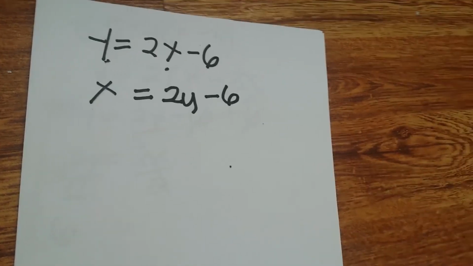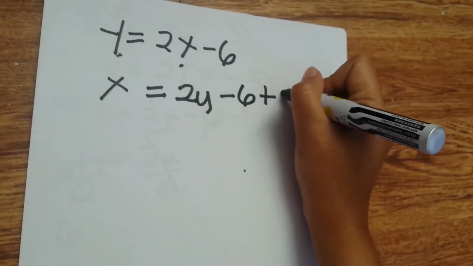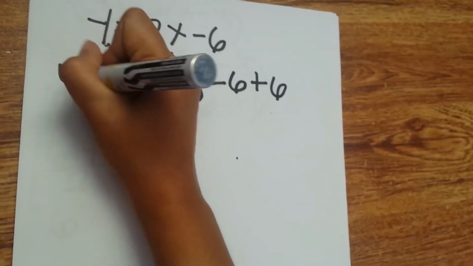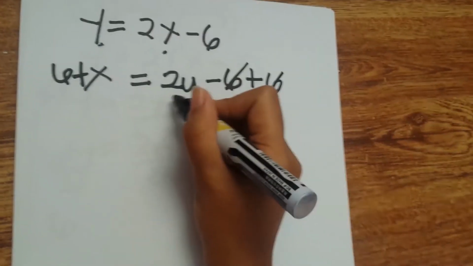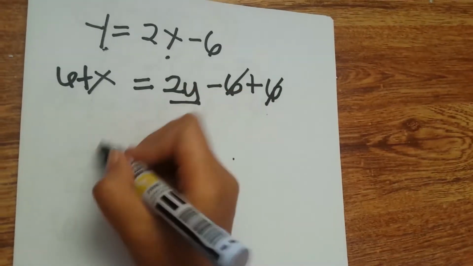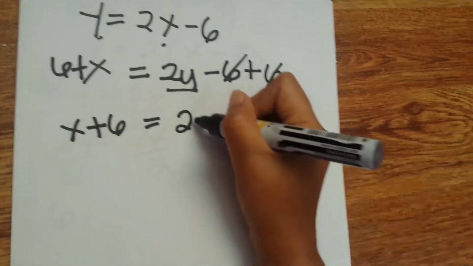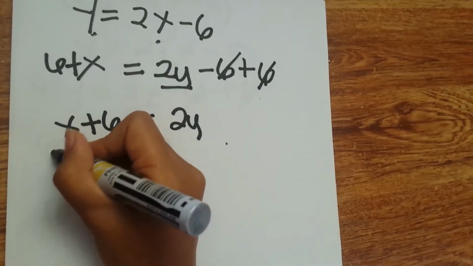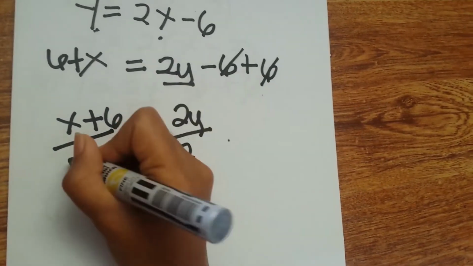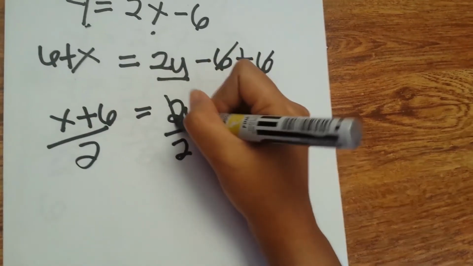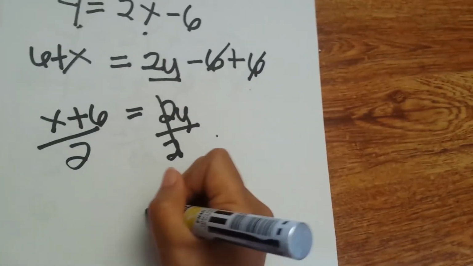So multiply both sides by 6. Cross this out. 2y will be left at the right side. Divide by 2 both sides. Cross it out, so y will be left at the right side.